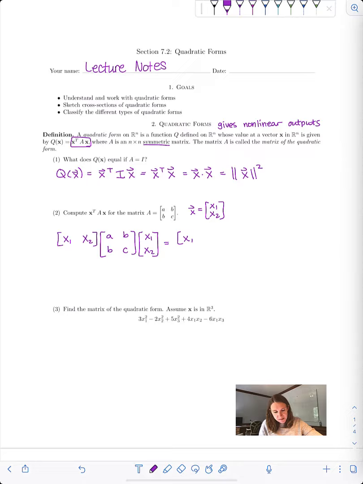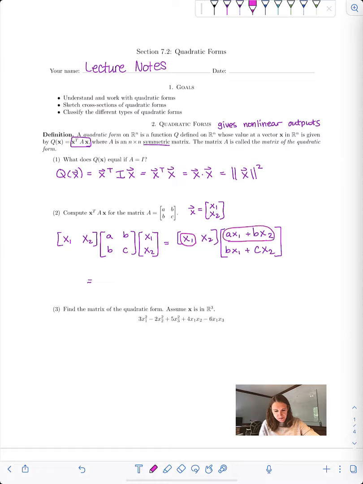So that's the same thing as going ahead and multiplying through by A first. So we have AX1 plus BX2, and then BX1 plus CX2.